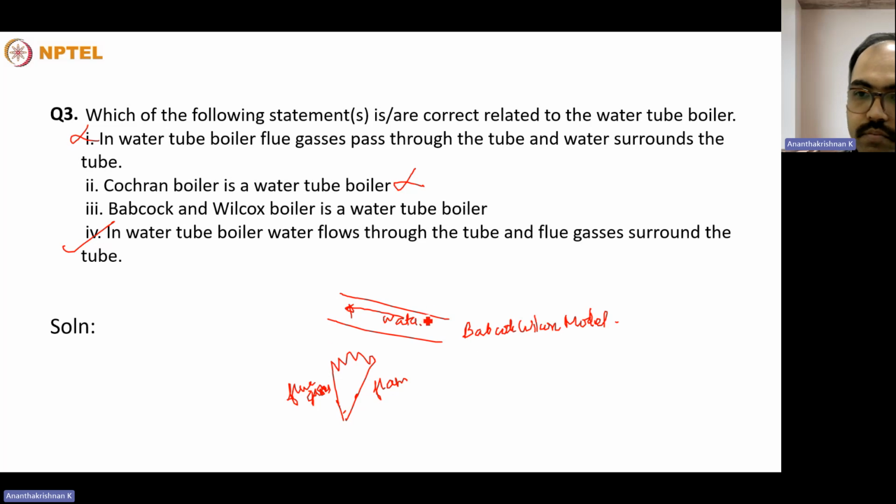But in the case of a Cochrane boiler, the whole thing changes. There, the flue gases flow through the tubes. So this is the boiler, and here the flue gases flow through like this.